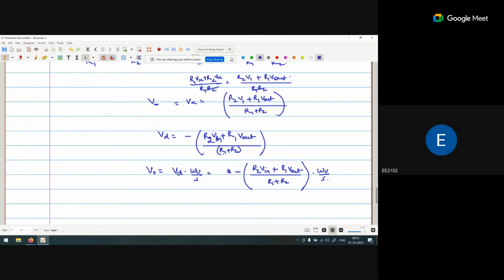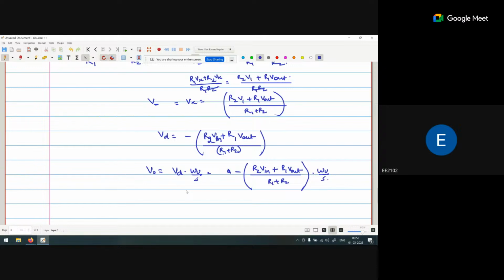Why? Because in the ideal op-amp, we consider that the bandwidth is infinite. So no current will be passing through that particular operational amplifier.